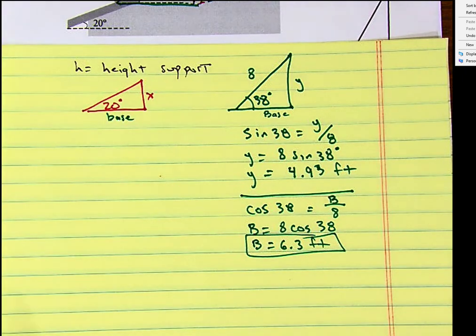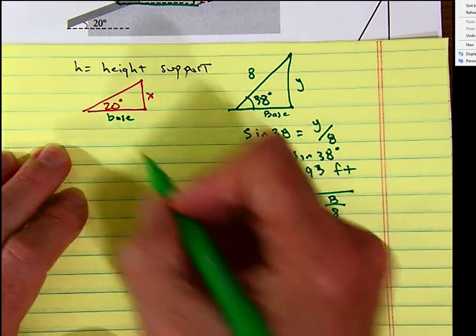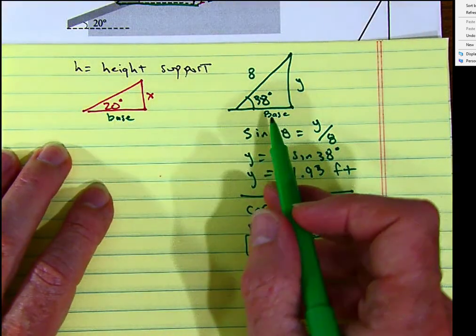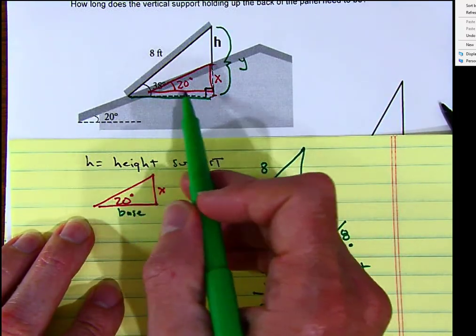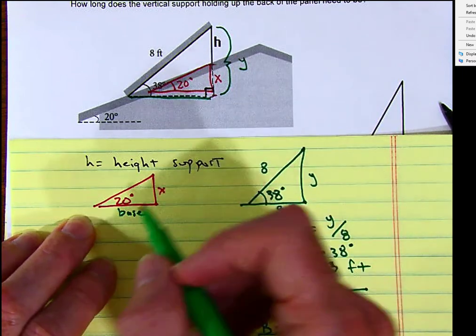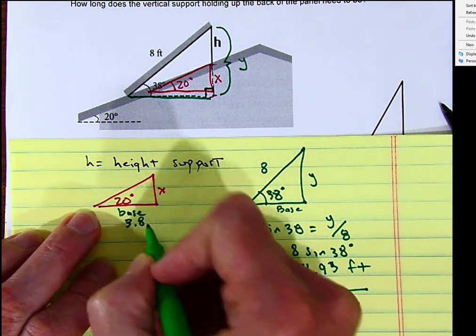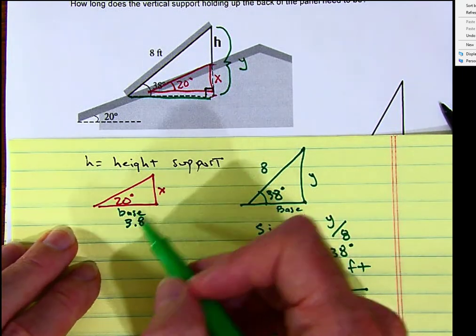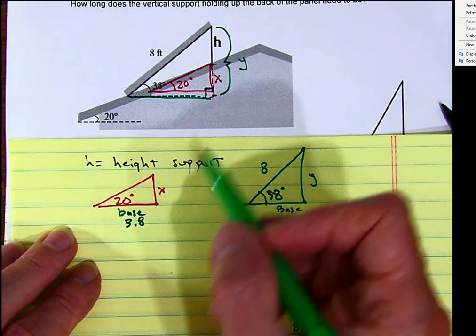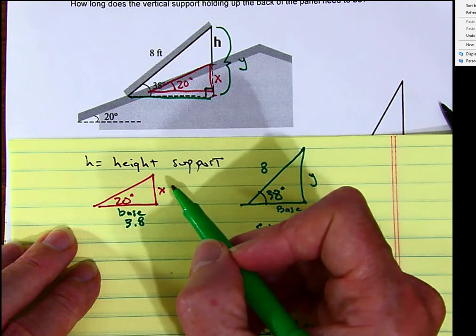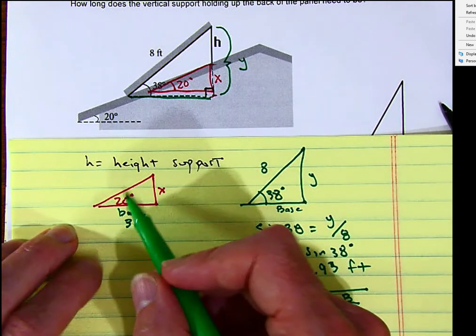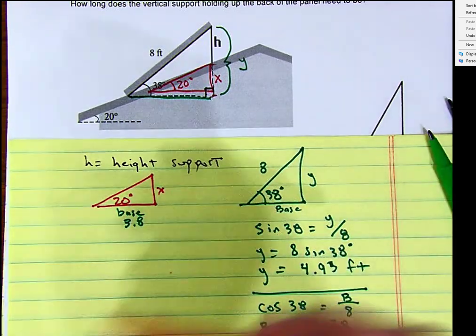All right, well that's helpful, because now I can come back to this triangle over here, because this base on the big green one is the same base as the one on the red one. So this is 3.8 feet. And now I'm looking for an equation to relate the x that I need with the base and the angle. Well, that's tangent, because I have opposite and adjacent and the angle.